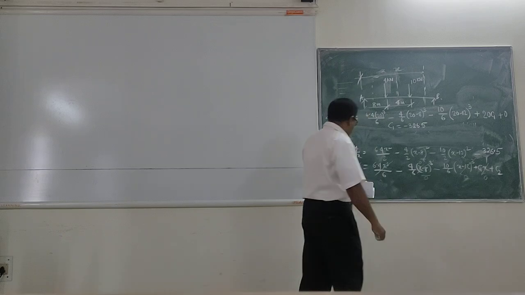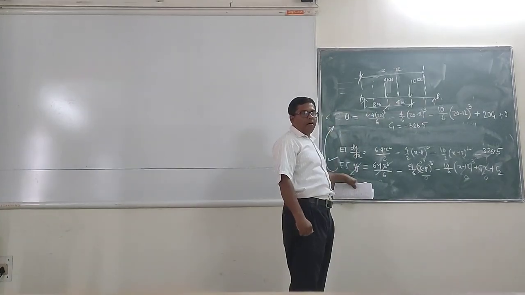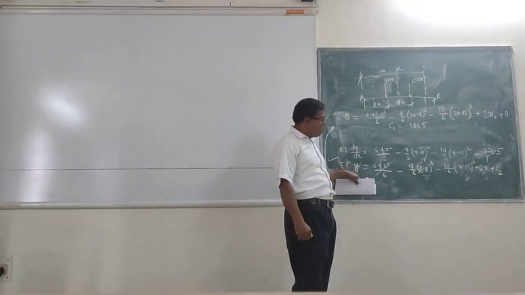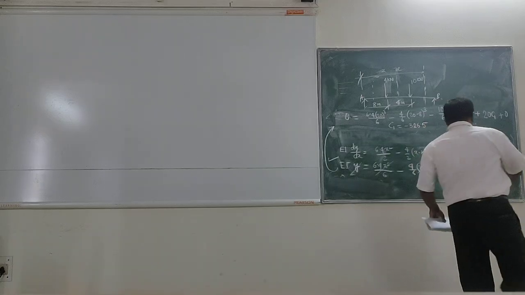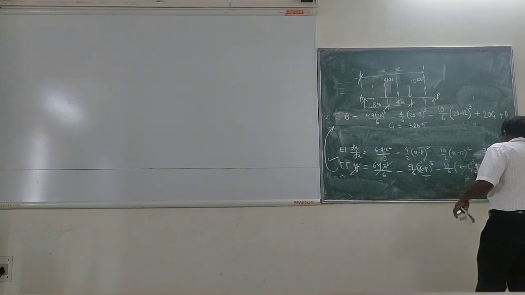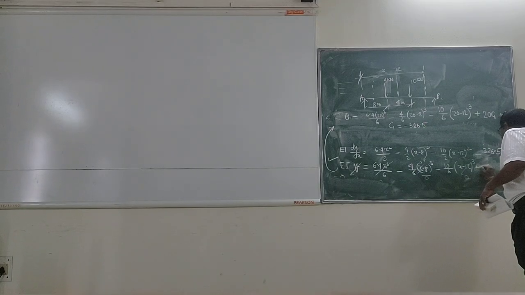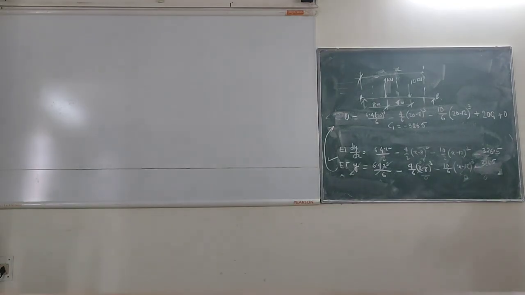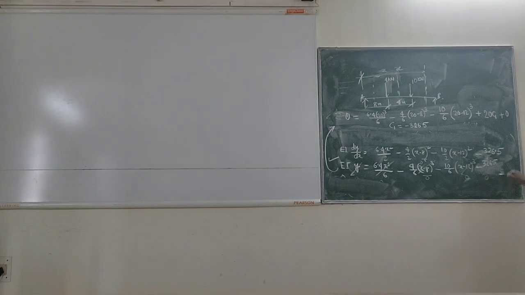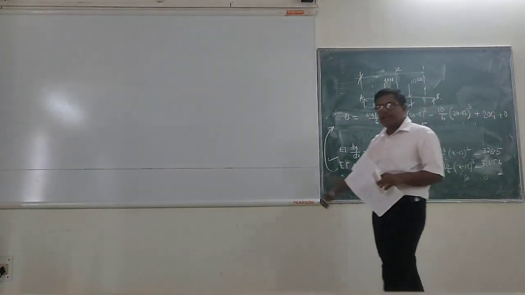And what will be the equation for deflection? EI y, so all these terms will be there. What is your C1? Minus 326.5 into x, and C2 is equal to 0. So these two are your final equations, right?